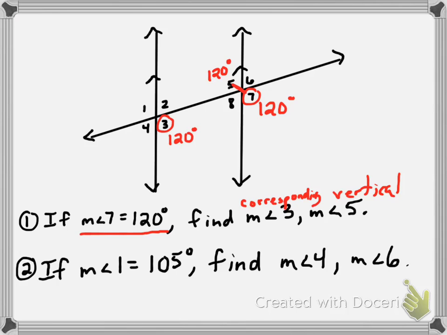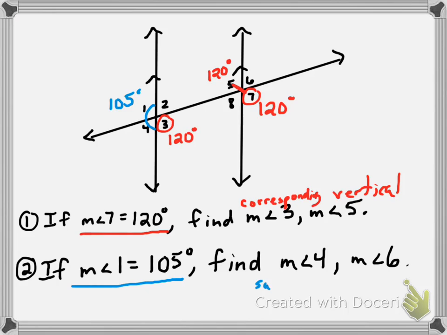Alright, so now looking at number 2. Again, remember these are totally separate problems. Okay, so if angle 1 was 105 degrees, I'm looking for angle 4 and angle 6. Well, angle 1 and angle 4 are right beside each other. That means they're supplementary. They're adjacent, so they're supplementary. So that means they have to add up to 180. Well, I've got 105.